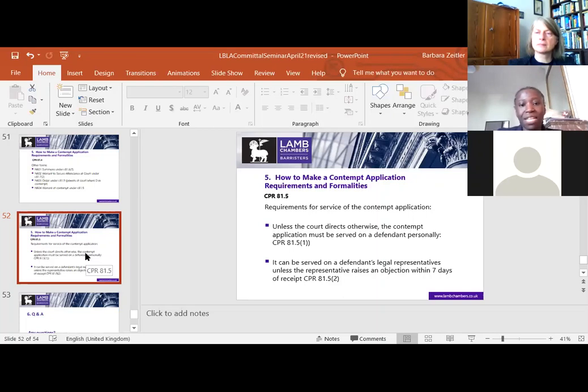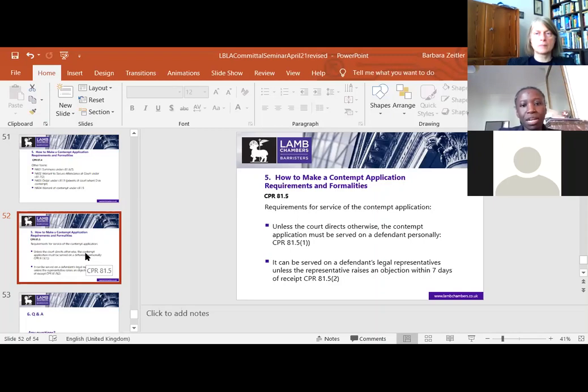But in any event, the default position should always be personal service on the defendant, or if they have legal representatives, service on the legal representative, unless they write and notify the court within 7 days of receipt of the contempt application that they are not representing the individual or not on record as representing the individual defendant.